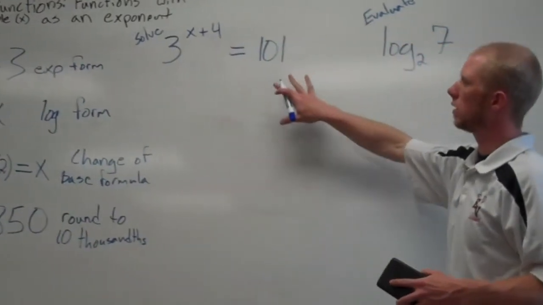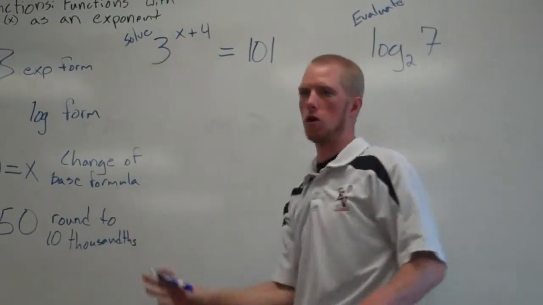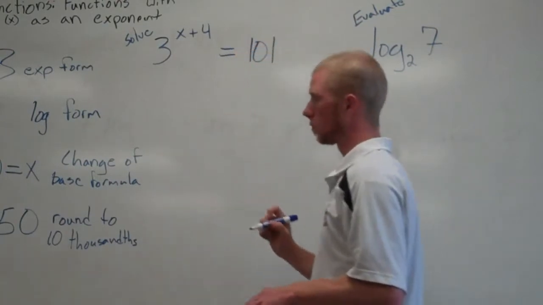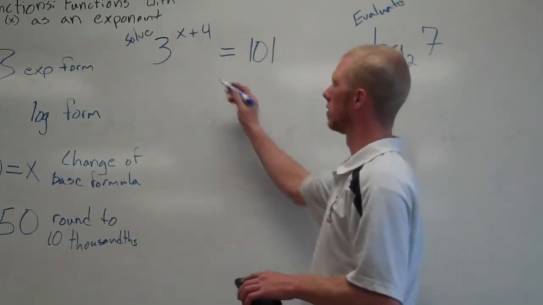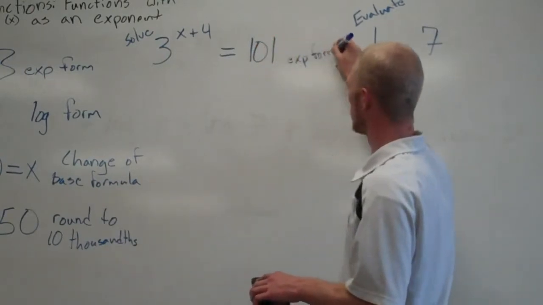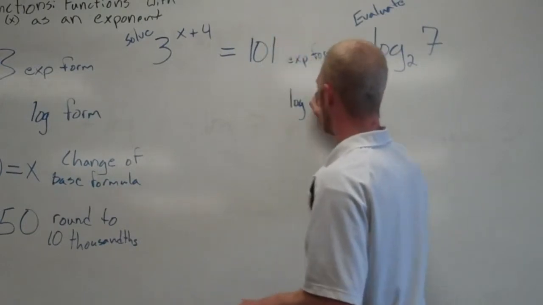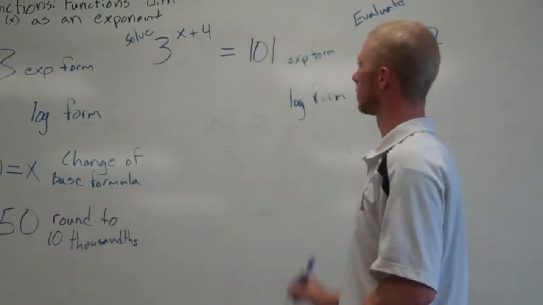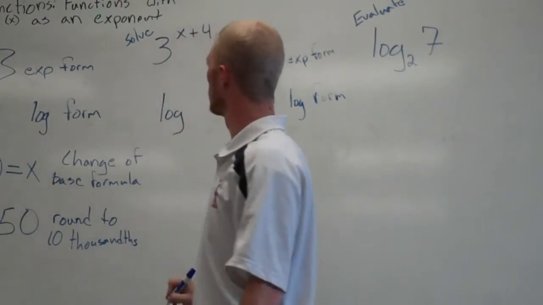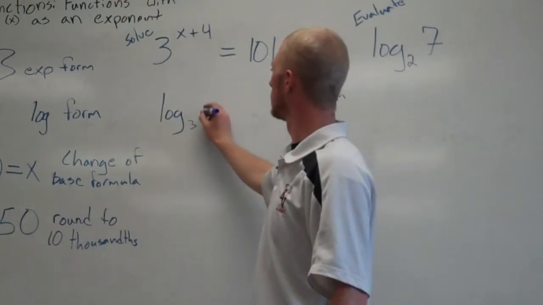Now, second example, the only difference is that we've got something more in the exponent. As far as where the things go and what you do, same steps. This is exponential form. We're going to rewrite it in log form, which means that I put down a log. The base of my exponential term becomes the base of the log.